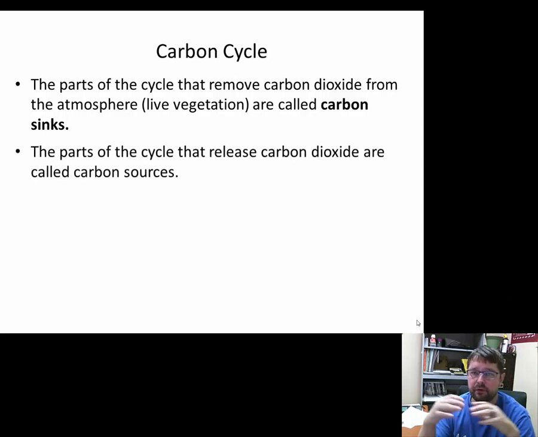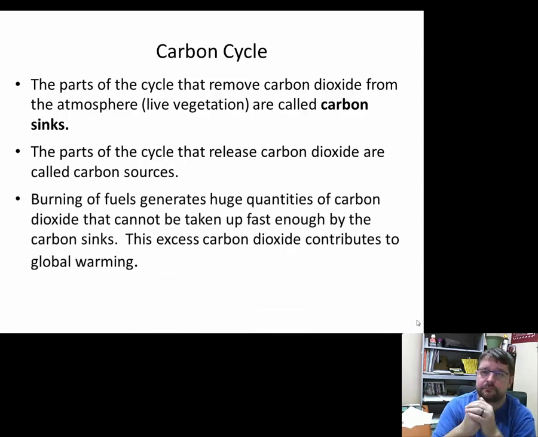Any part that consumes carbon is called a carbon sink. And any part that releases carbon, typically in the form of carbon dioxide, but it could be carbon monoxide, is called a carbon source.